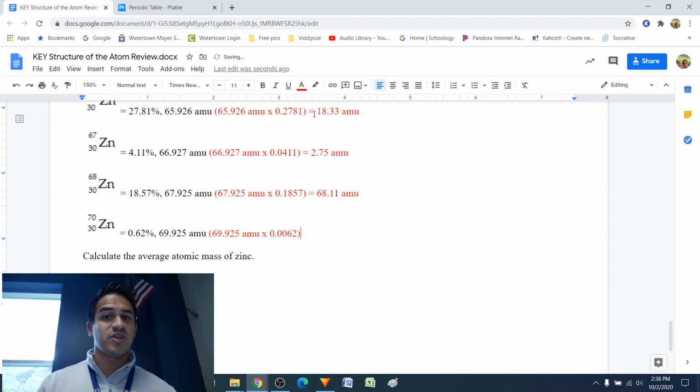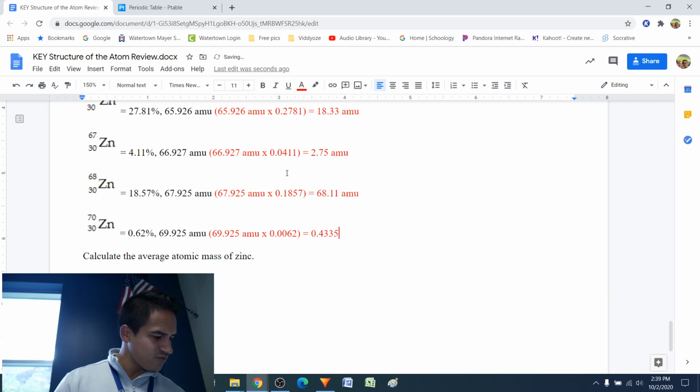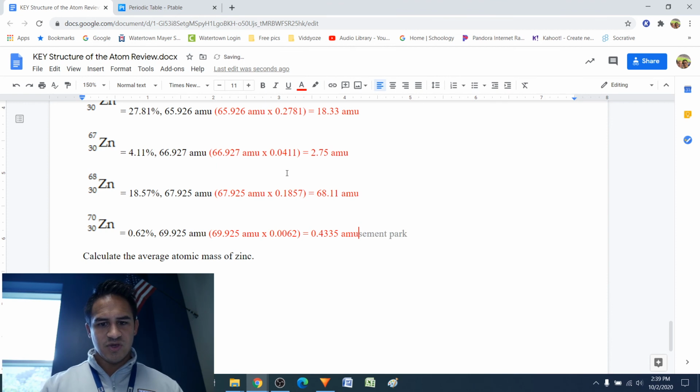Again, we need to make sure we do our percentages right. 0.62% as a decimal is 0.0062. Make sure that you put your decimal in the right place, otherwise it's going to be too large. So 69.925 times 0.0062, and we get 0.4335 AMU, four significant figures.